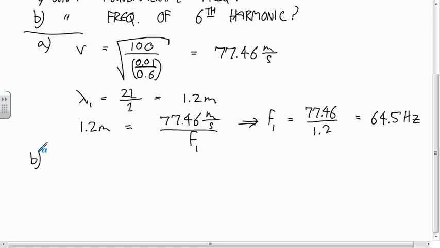And then for part B, we're looking for the frequency of the sixth harmonic. The wave speed is still the same, but now we have that the wavelength is equal to 2L over 6. So that's 1.2 over 6, which is 0.2.